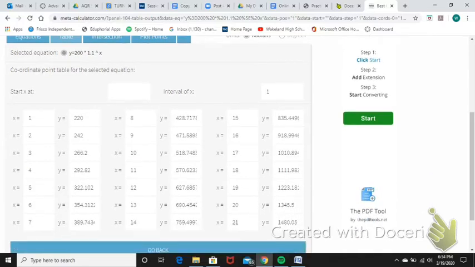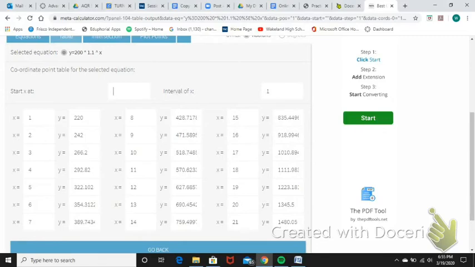If we look at this table, we're focusing on the y's. We need the y's to equal 2,000. If we follow all of these y's, we don't really have one. This is the last one that we have right here, and that doesn't have what we need. So we're going to change our x starting point.